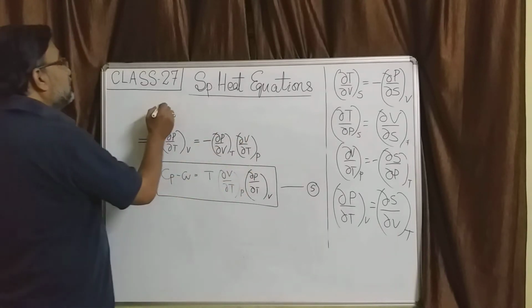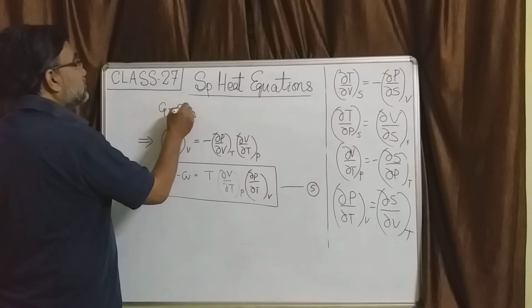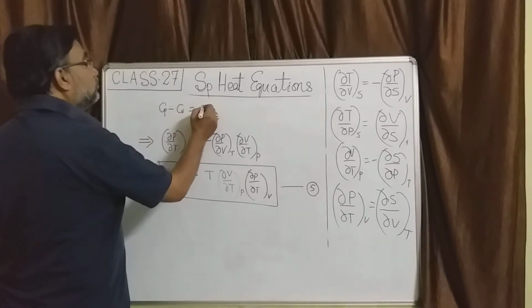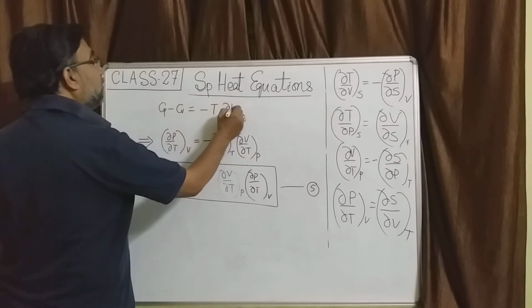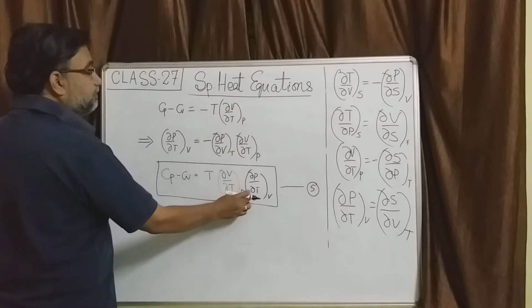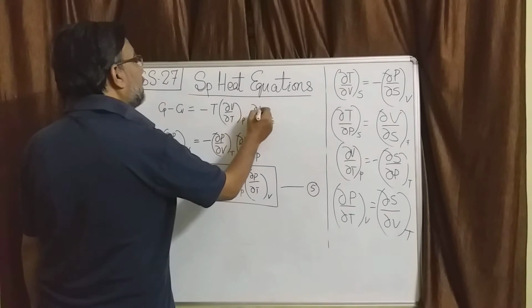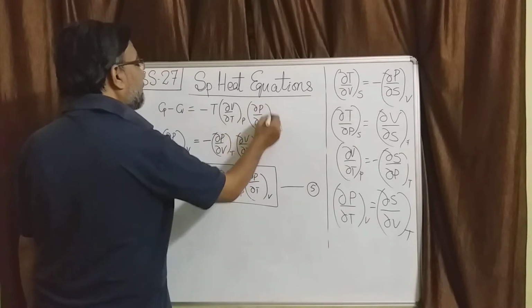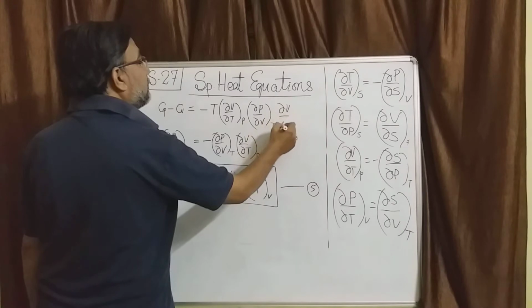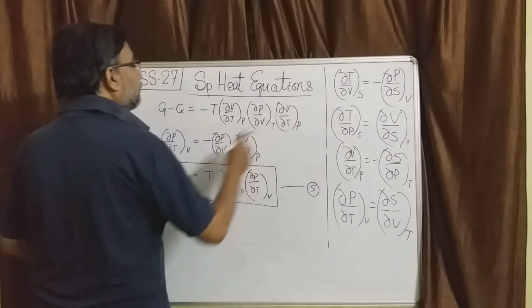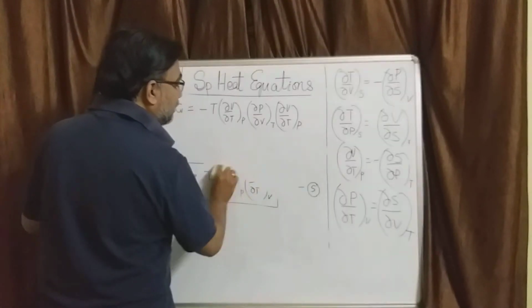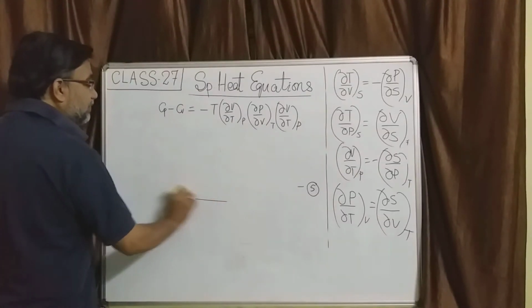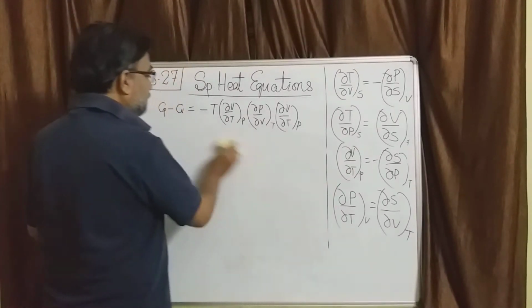So we get Cp minus Cv is equal to, there is a minus sign here, so minus T del V del T at P, and in this place we will write this del P del V at T and del V del T at P. So we get the expression for Cp minus Cv very clearly.